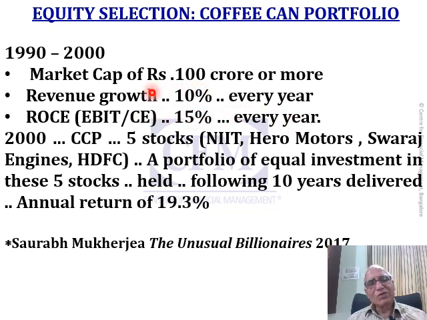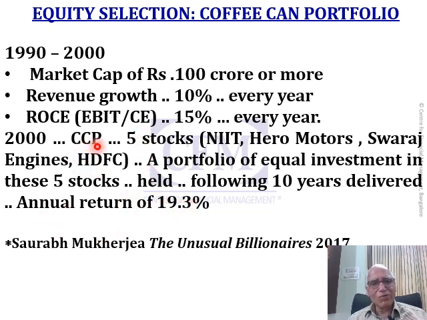He found that only 5 stocks satisfied these three criteria over a 10-year period. So in 2000, if a coffee can portfolio of these 5 stocks was created and held for the following 10 years, it would have delivered an annual return of 19.3%.